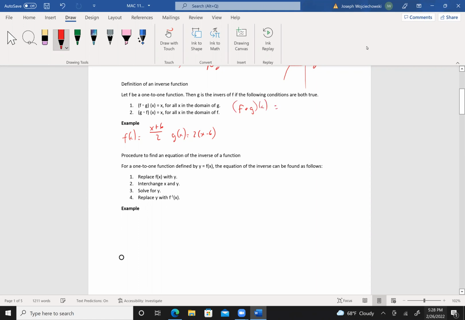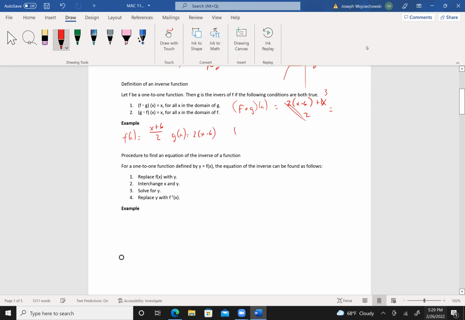So we have 2x minus 6 plus 6 over 2. Well, the 2's cancel out, and I get, actually the 2's don't cancel out because this 2 cancels out, but this becomes 3, and that's not the same. So those are not inverses.